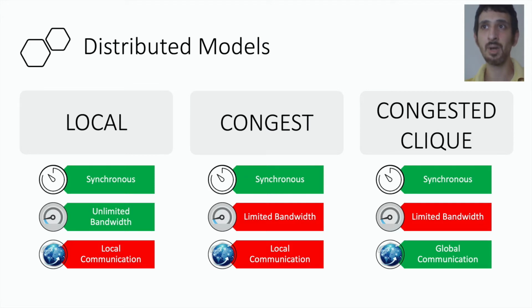In the CONGEST model, a node may still communicate only with its direct neighbors, and furthermore may only send O(log n) bits per round to each such neighbor. In the Congested Clique model, nodes may communicate with all other nodes in the network, not just their neighbors, but may only send O(log n) bits per round to each other node. The goal is to find an algorithm that solves the problem in a minimum number of rounds.